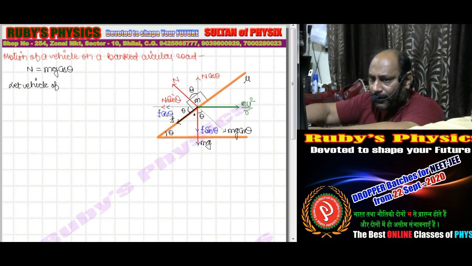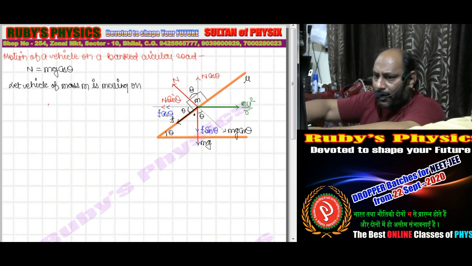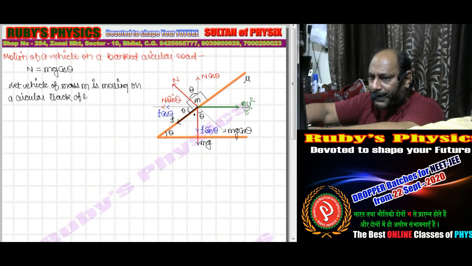a vehicle of mass m is moving on a circular track of radius r.